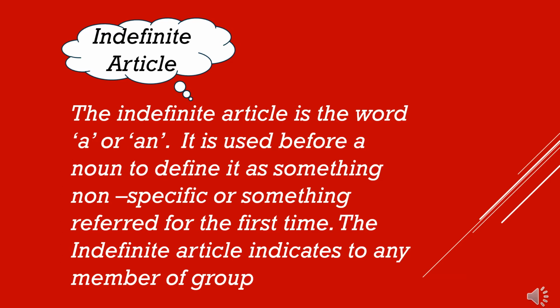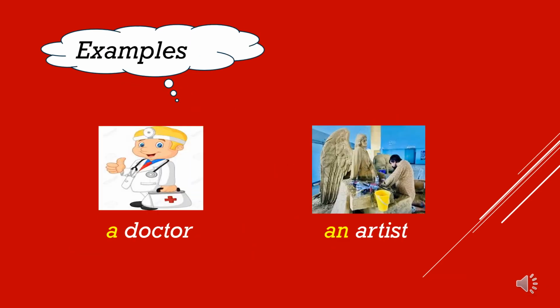It is used before a noun to define it as something non-specific or something referred to for the first time. The indefinite article indicates any member of a group. For example, a doctor, an artist.